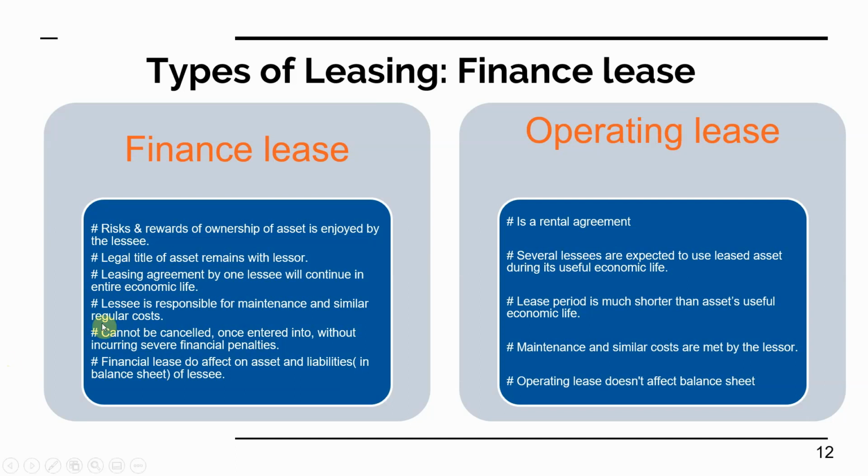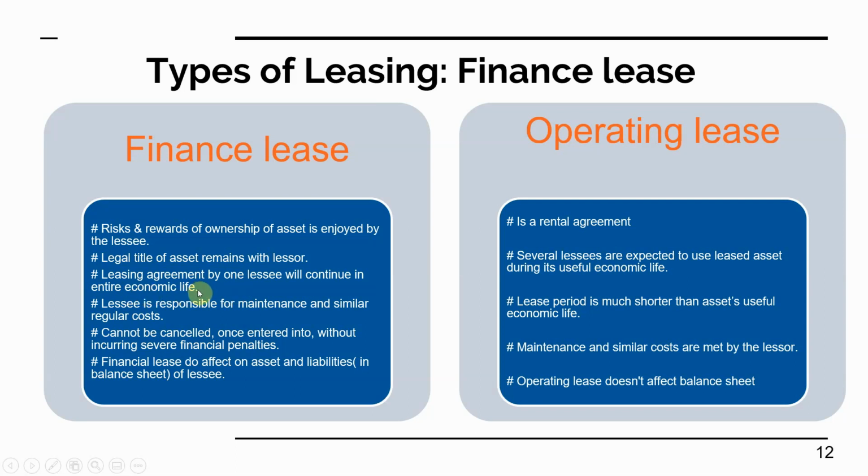Next, coming to the leasing agreement. Under a finance lease, if you want to use one machine, then for that machine's whole economic life only one agreement is needed. If one agreement is made, that is enough for the use of that asset for its entire life.